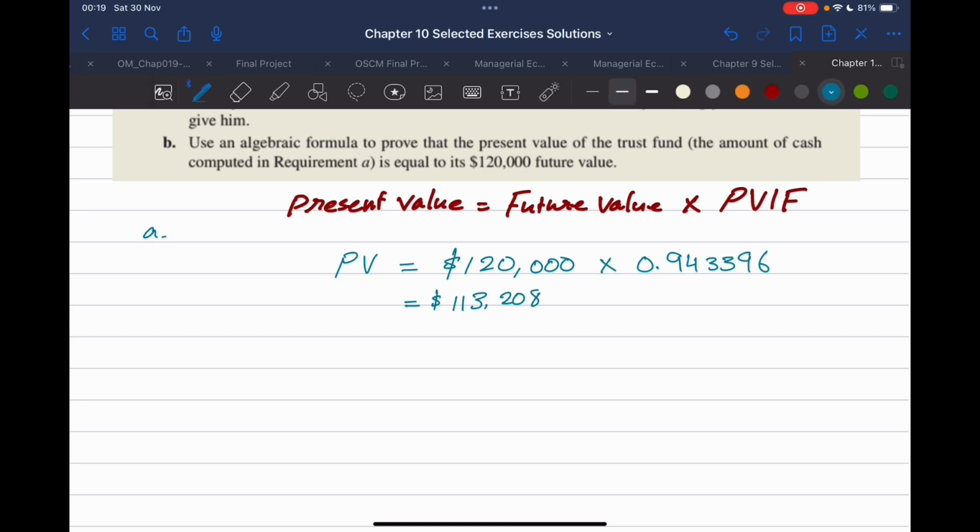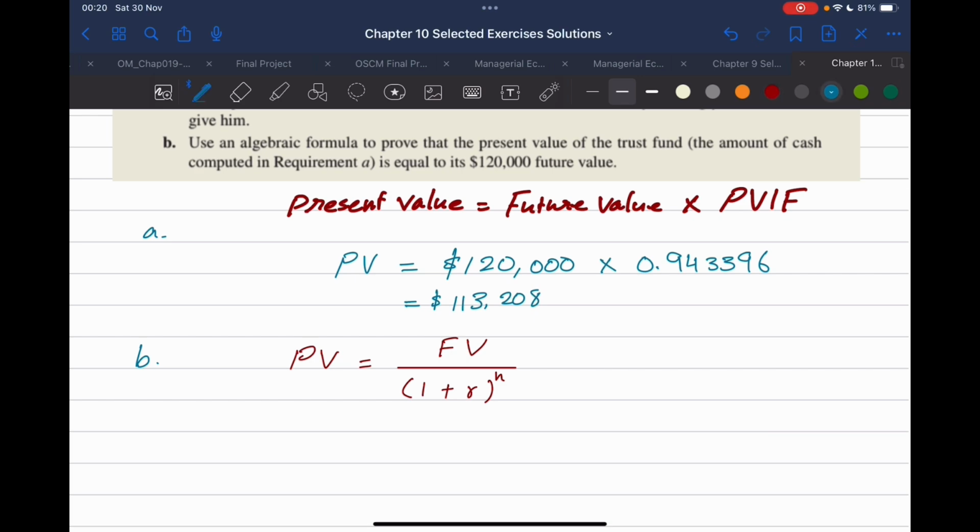So I'll do it both ways just for you. Mathematically, our present value formula is present value equals future value divided by 1 plus the required rate of return, all to the power of n. Okay?